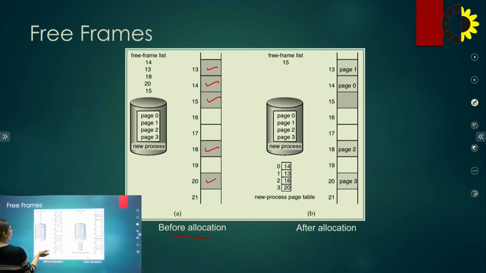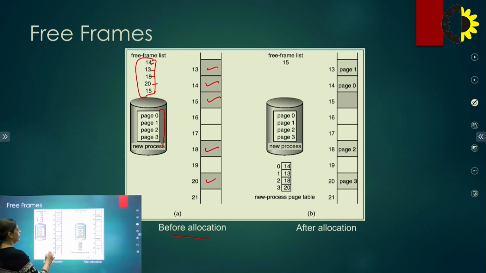We will keep all these in the free frame list here. Now we know that we have 5 frames free, so we can map 5 pages in that, right? So for a new process we will bring it and divide it into a number of pages. Suppose it is divided into 4 pages.